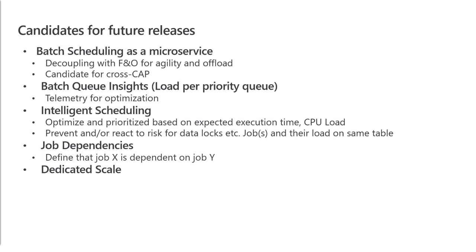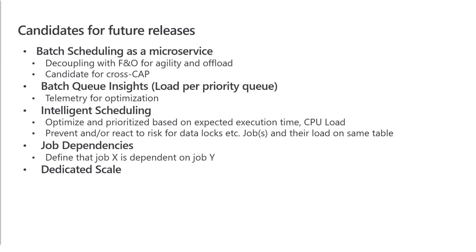It will also make customers aware of how their batch load is performing, as well as ensure that they don't overburden the system if there is already a high load on the batch queue.